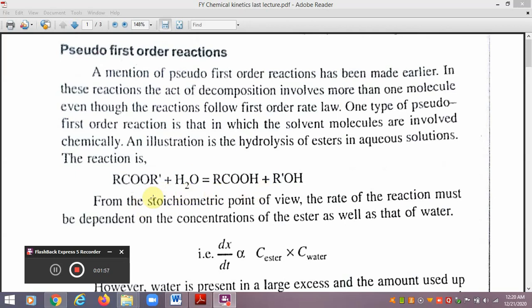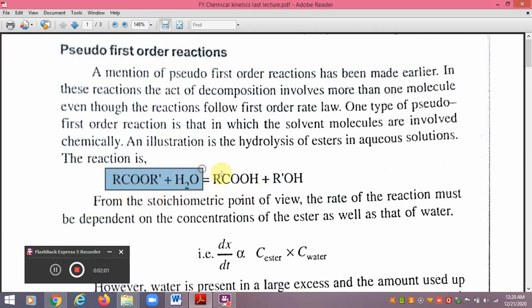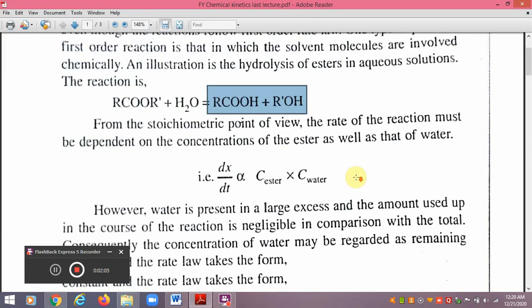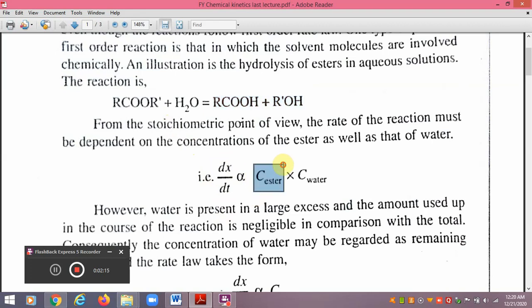Here you can see a simple reaction, where an ester undergoes hydrolysis and gives two products: acetic acid and alcohol. If you write the equation for the rate of reaction, dx by dt depends upon the concentration of ester as well as the concentration of water.